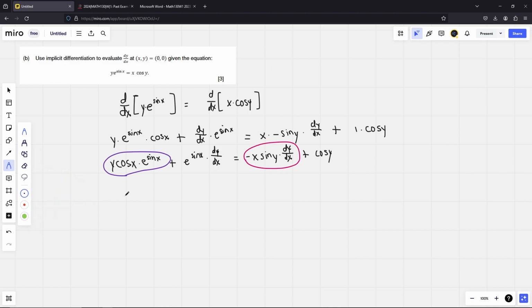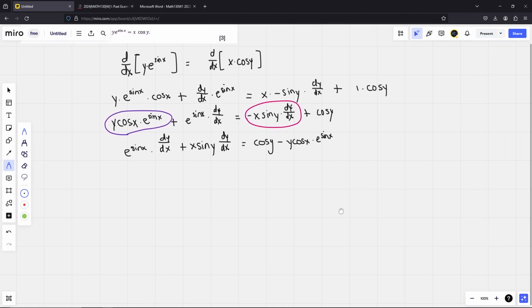So doing that, we have e to the sine x dy/dx, and then moving that to the left hand side, it's going to become positive x sine y dy/dx. Now moving this one to the right hand side, I'm going to put down my cos y first, and then minus cos x multiplied by e to the sine x.